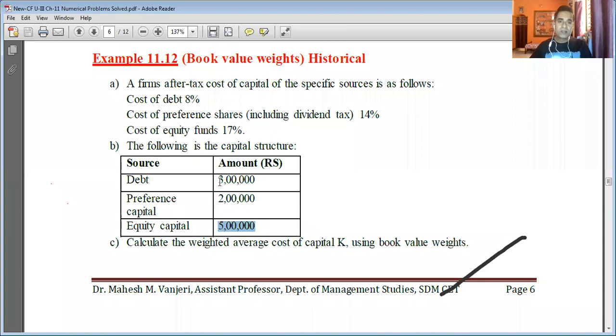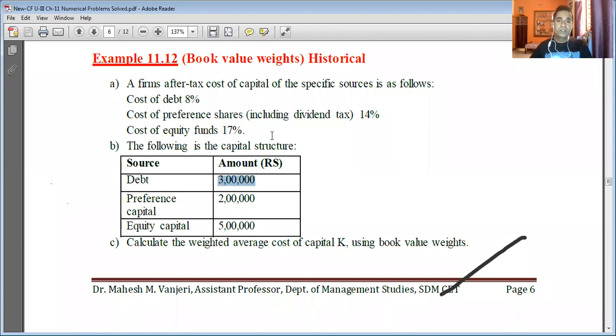As I said, these are securities which are traded in the stock exchange. Debentures, preference shares, as well as equity shares can be bought and sold in the stock exchange. When these securities are traded, a price is determined, which we call the market value of the securities.